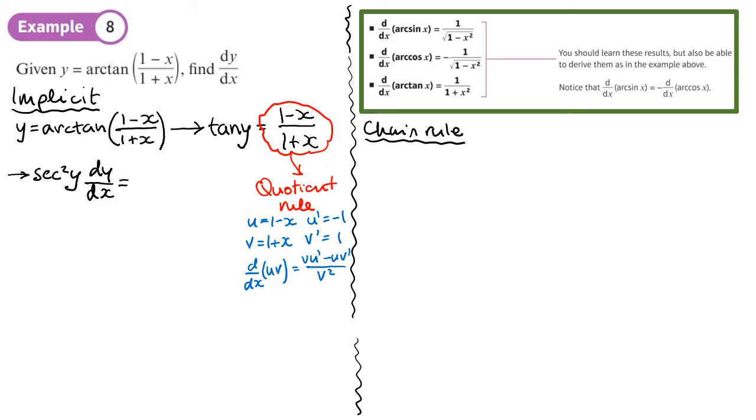So let's do that. So that's going to be 1 plus x times negative 1, so I can just put negative outside the bracket, minus u v dash, that's 1 minus x times 1, so just 1 minus x, all over v squared, so that'd be (1 plus x) all squared, like this.